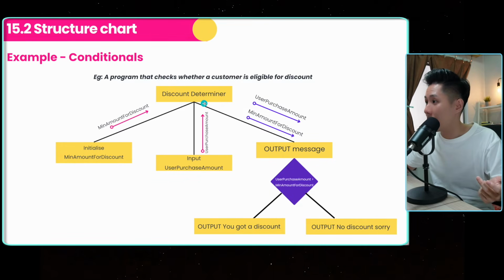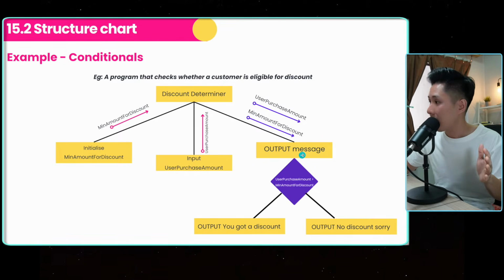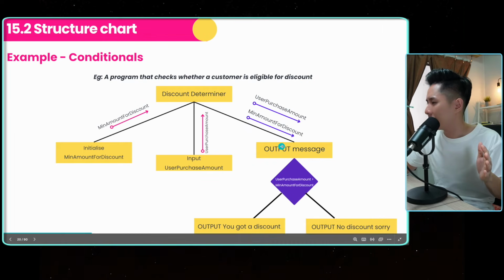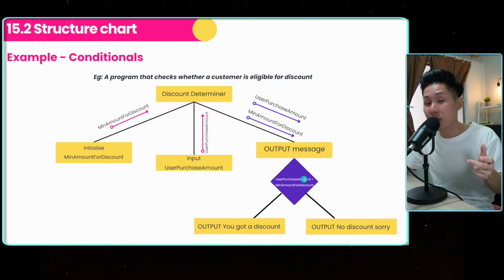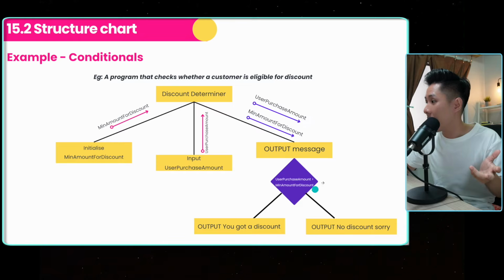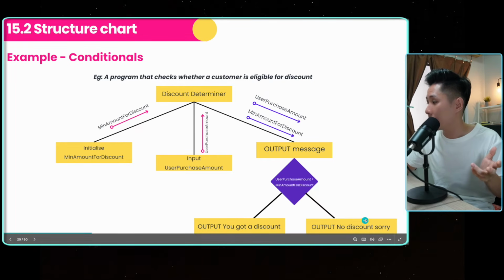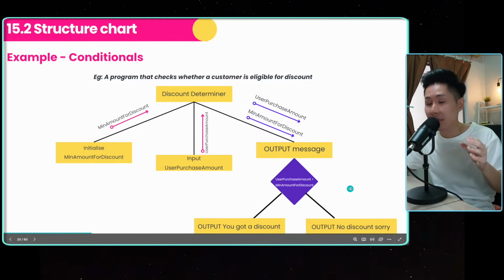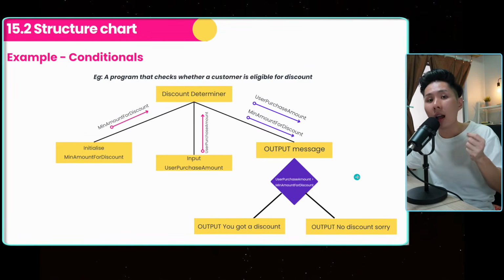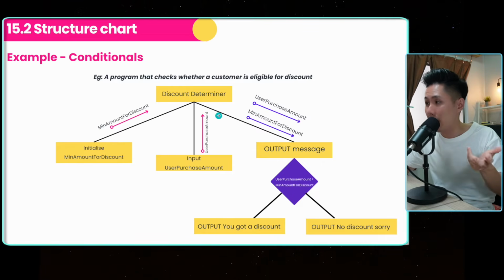Again this value is output back to the main module, and the two values are input into this module called output message, and we have this diamond here, which is very similar to the flowchart diagram that we learned, meaning it has two possible paths. So look, I put a condition here. If user purchase amount is greater than minimum amount for discount, then I will output you got a discount. Otherwise, it will output no discount. So again, this is just an example for you to know how to draw a structured chart. Remember the arrow into and out of the module.